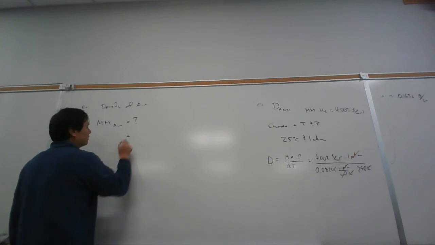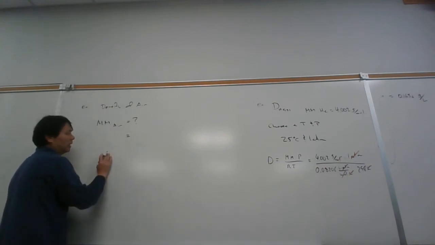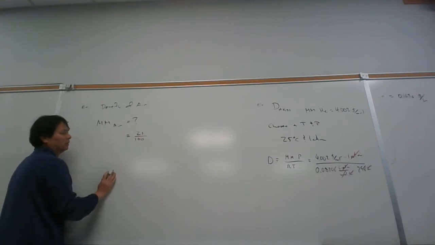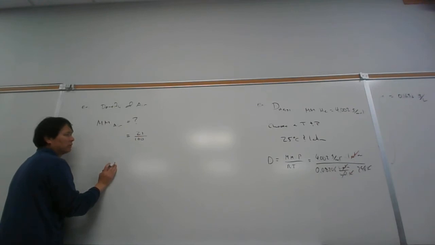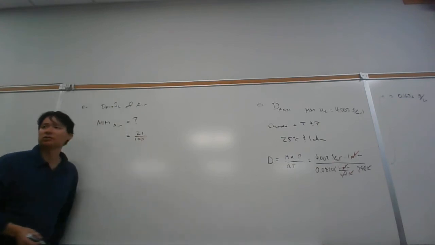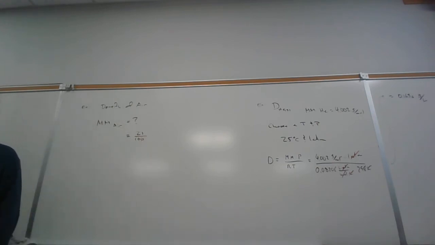So this is how we figure out the molar mass of air. Air consists of 21 out of 100. So the mole fraction is 21 out of 100, or the percentage would be 21%. So 21 out of 100 molecules are going to weigh, well, what's the molar mass of oxygen? O2. Oxygen is 16.00. O2 will be 32.00.